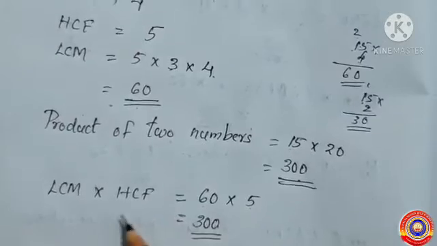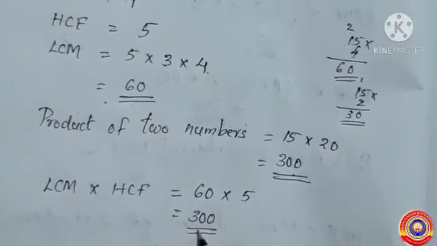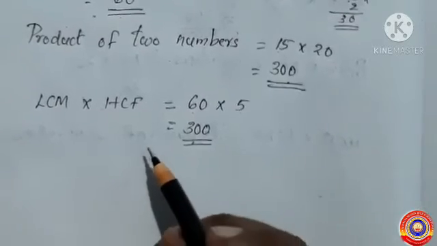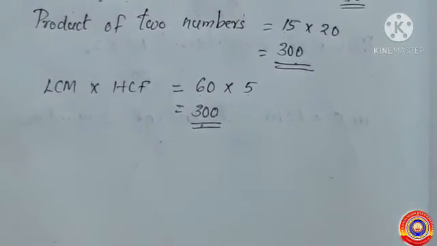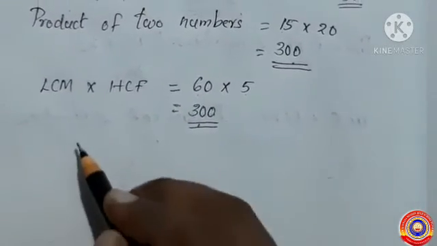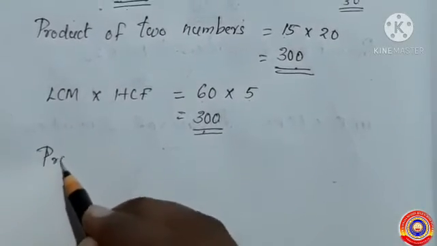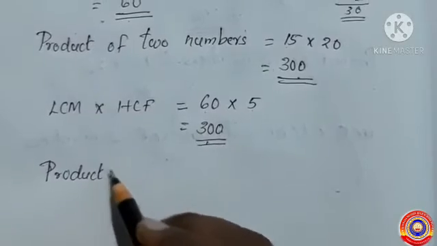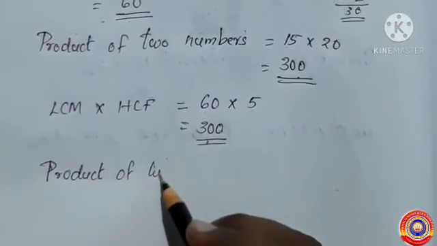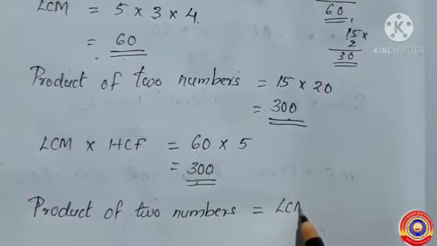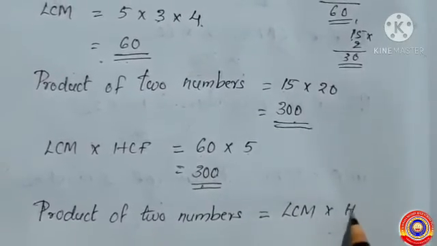Here we had found out that the product of two numbers and the product of LCM and HCF is equal to 300. Both are equal. Now we can say the relation as product of two numbers is equal to the product of their LCM and HCF. Is it clear for you, children?